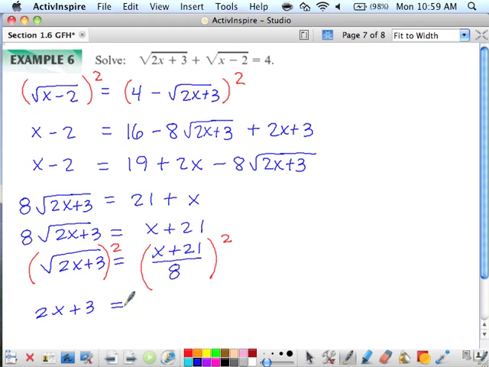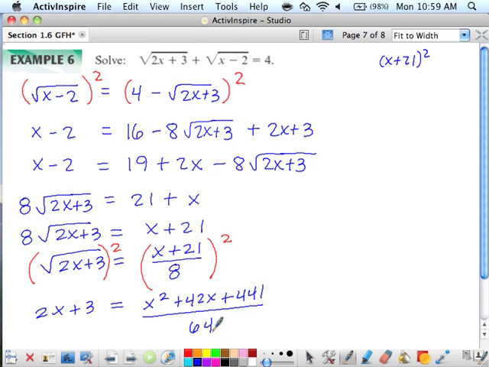X plus 21, quantity squared, is a binomial squared. So that's x squared plus 42x plus, what is 21 squared? 441. All over what? 64.